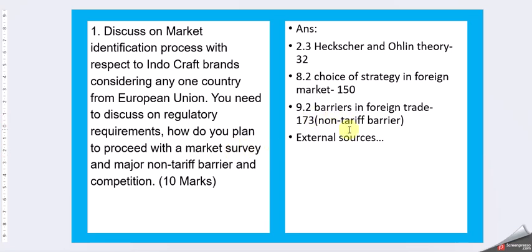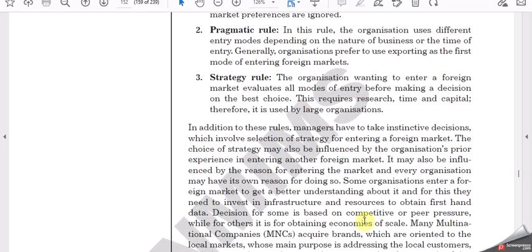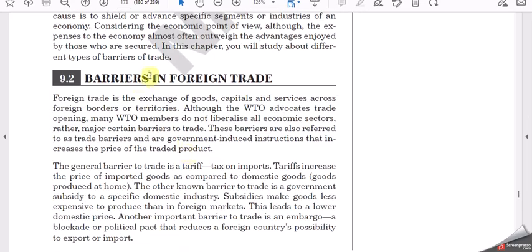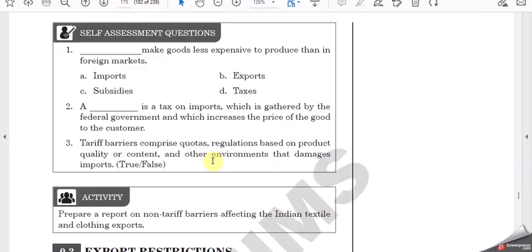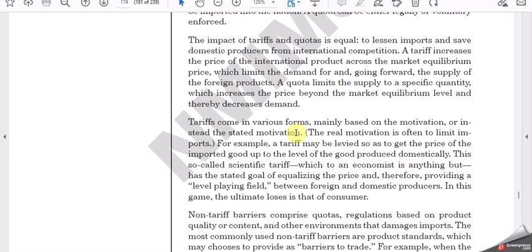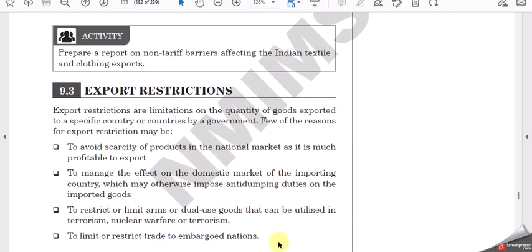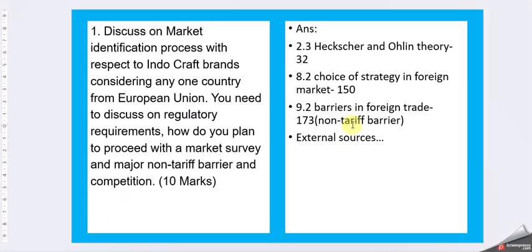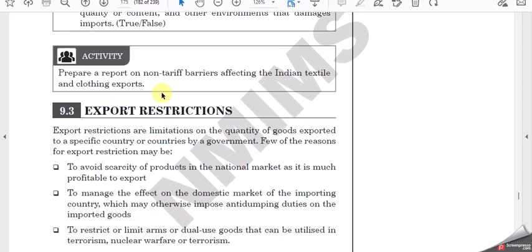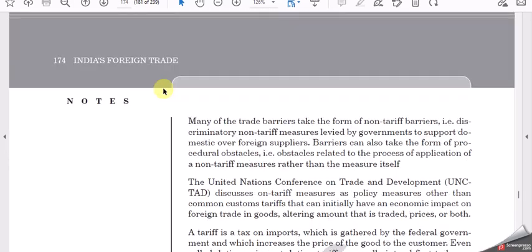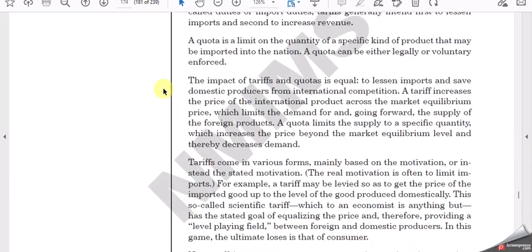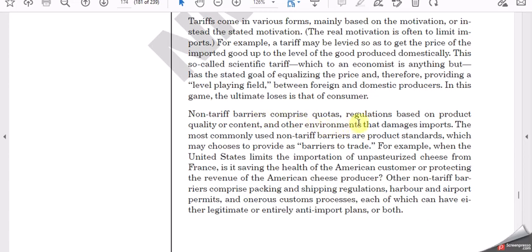For the non-tariff barriers, chapter 9, barriers in foreign trade. In this you have non-tariff barriers, a little information here, and export restrictions. The second one is non-tariff barriers, as mentioned in 9.2: tariff barriers, codes, regulations.